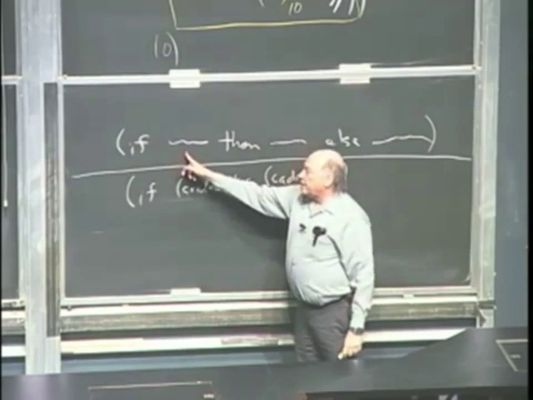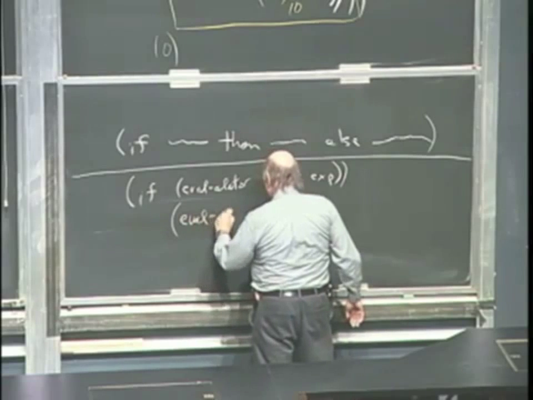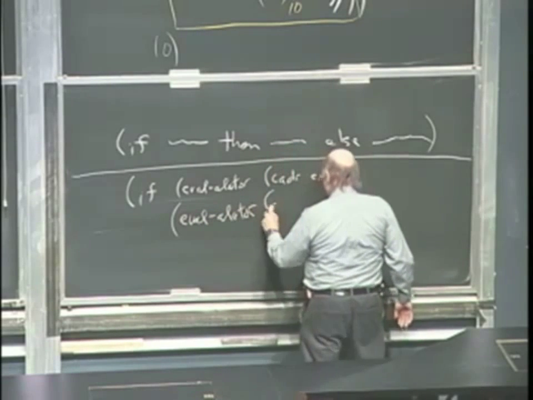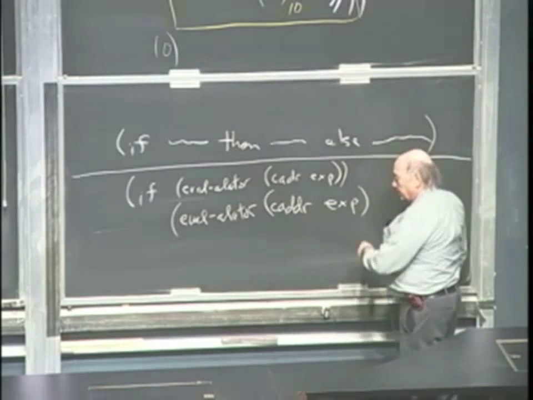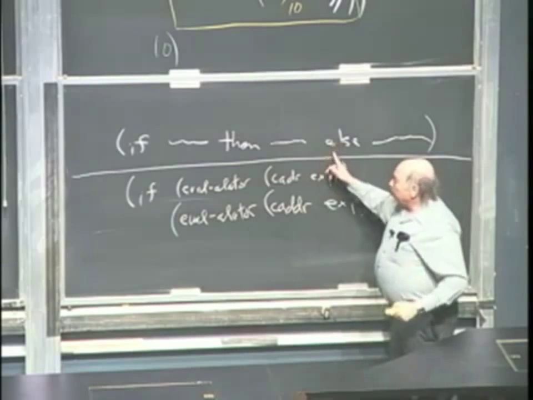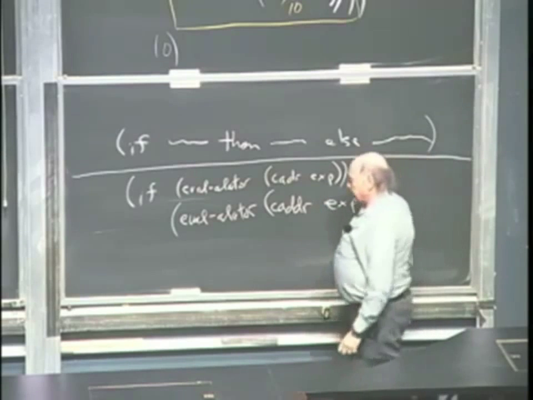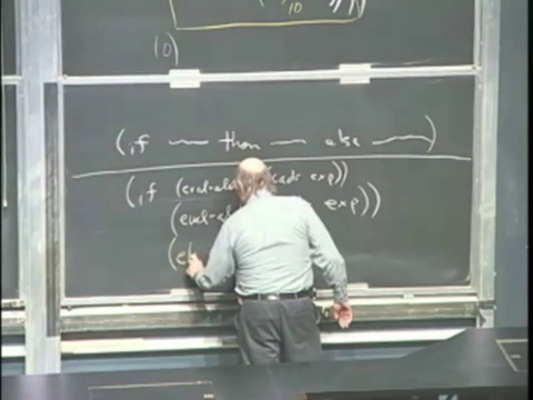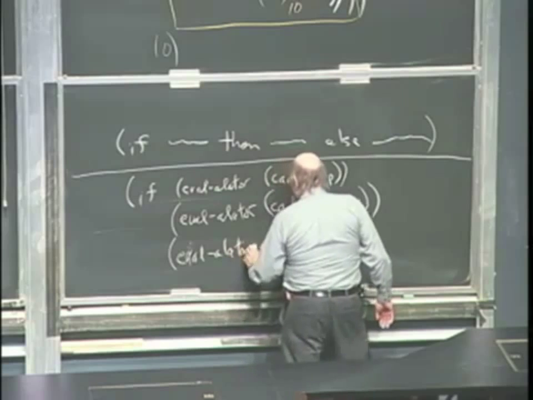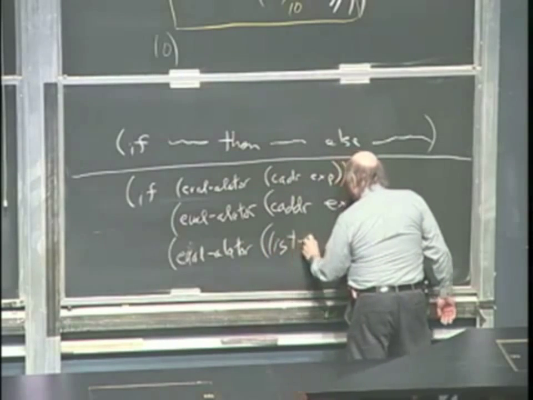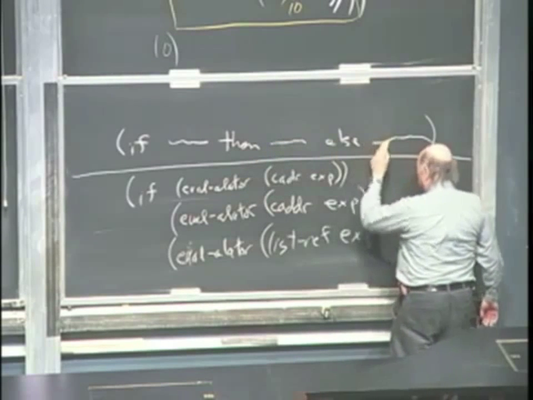This is the car, the cadr, the caddr, the cadddr. Otherwise, I want to eval the fifth element, which unfortunately doesn't exist as a primitive. So I'll say evaluator of list-ref exp 0, 1, 2, 3, 4, 5.